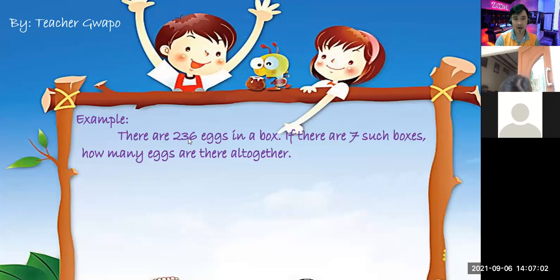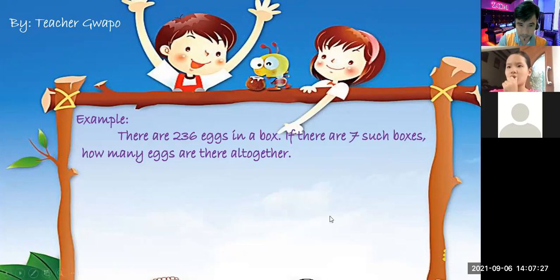Again, everybody, there are 236 eggs in a box. And if there are 7 such boxes, how many eggs are there altogether? So there are 7 boxes and each box has 236 eggs.